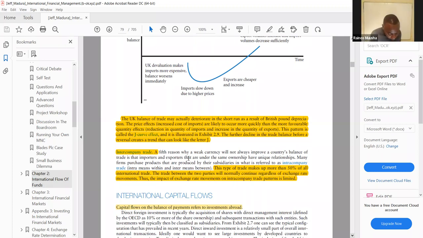Here they say this type of trade makes up more than 50% of all international trade. The trade between the two parties will normally continue regardless of exchange rate movements.